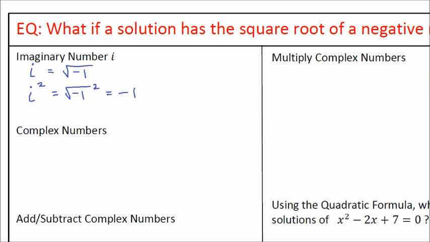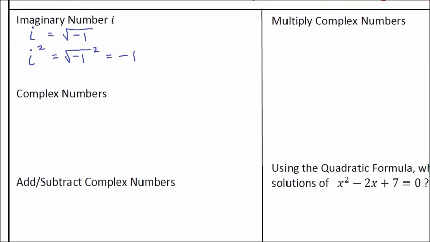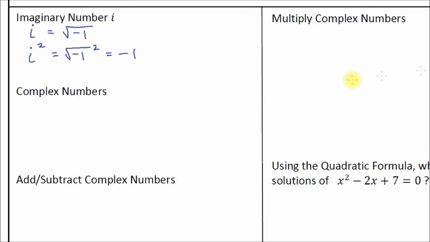Okay, let's take a look at this final part before we work on some things. What's a complex number then? A complex number is going to look like this. You're going to have two parts for a complex number. Let's make an example of one. 9 plus 3i. And for a complex number, here's what we say.